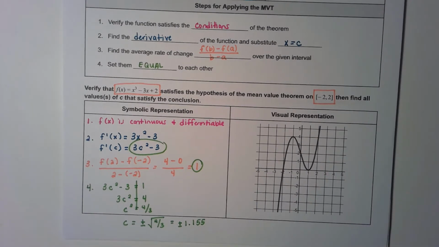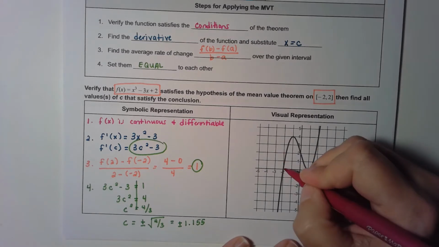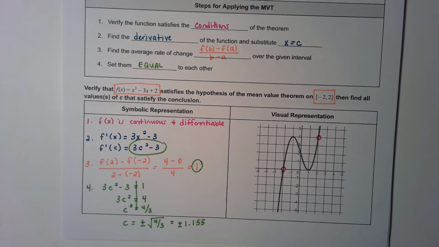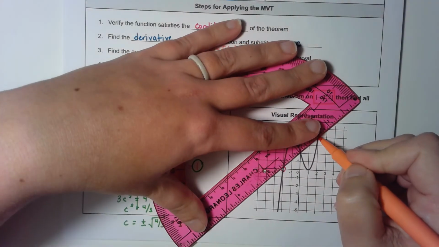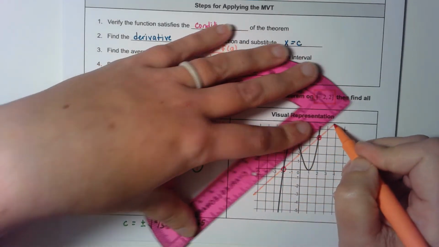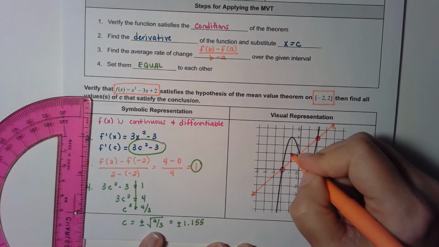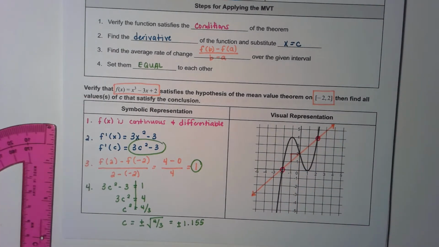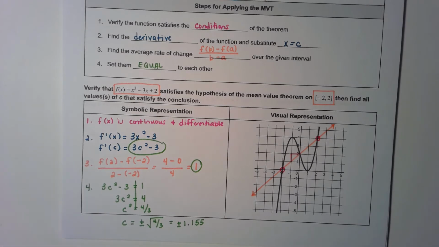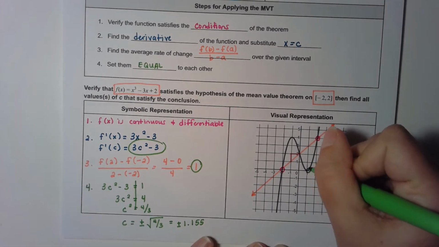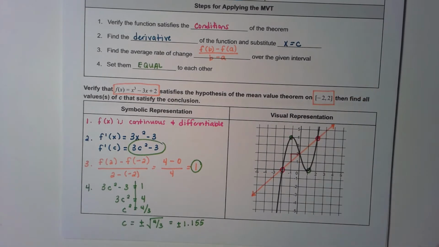Here's what this looks like visually. Our endpoints are negative 2 and 2. The slope of our secant line is 1, which makes sense because if you connect the dots here, you're going to see that the slope of this orange line is 1. It goes up 1 over 1, which means the places on the graph where the derivative has a slope of 1 are at 1.1 and negative 1.1.